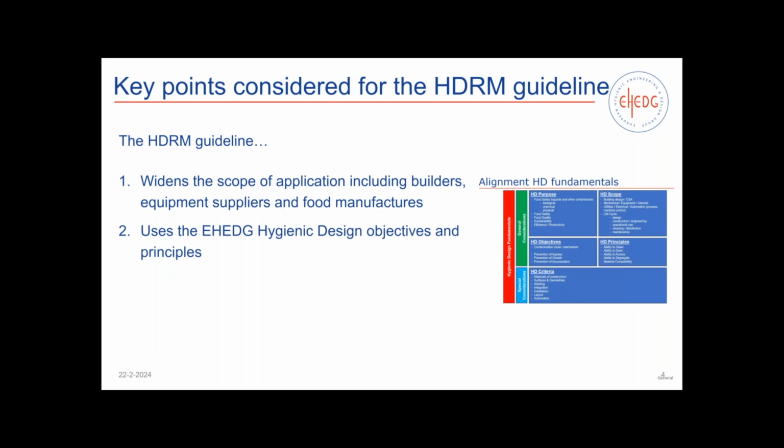Then there is also that it uses the EHEDG hygienic design objectives and principles. These are concepts that are available in doc number 8 from EHEDG. And the hygienic design objectives, which are the prevention of ingress, the prevention of accumulation, and the prevention of growth, together with the 5 hygienic design principles, which are the ability to clean, to drain, to access, to segregate, and material compatibility, are aimed to prevent the contamination of food by chemical, physical, or microbiological food safety hazards or other contaminants.